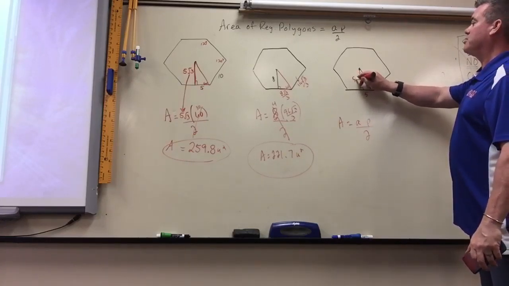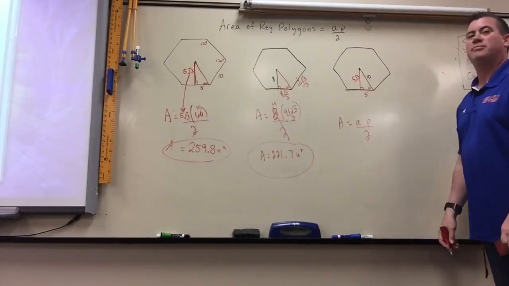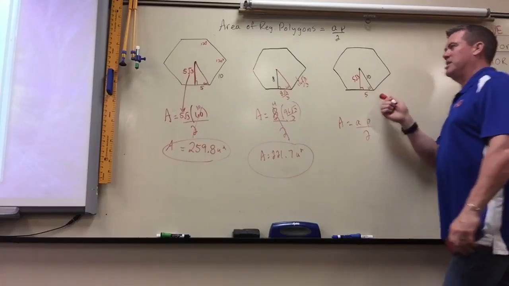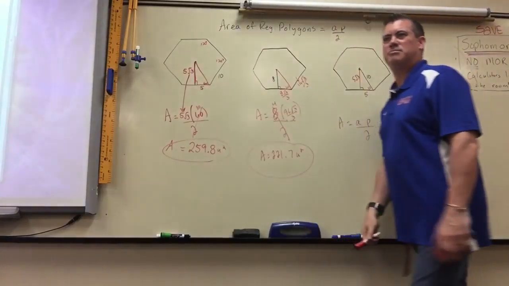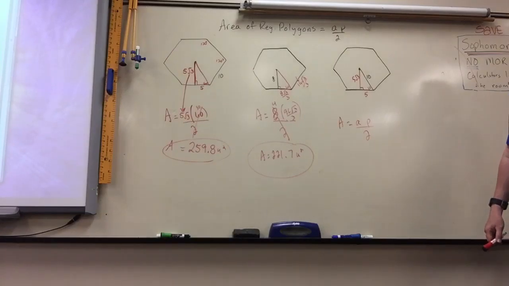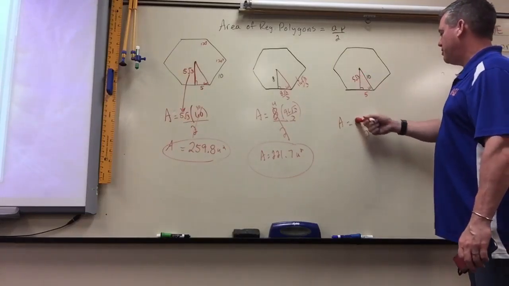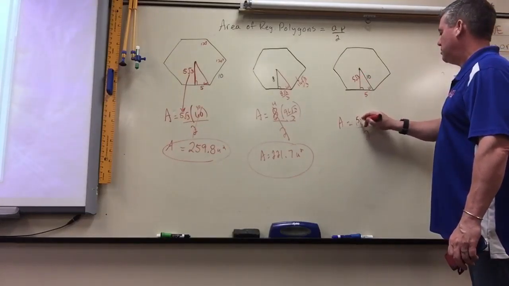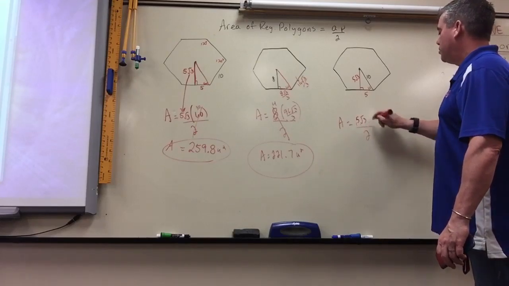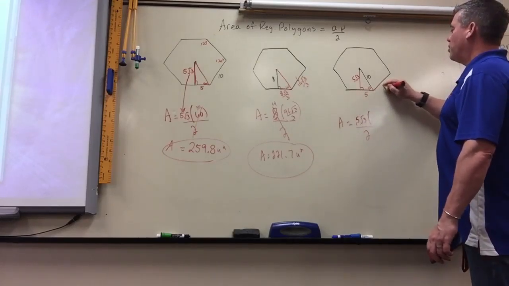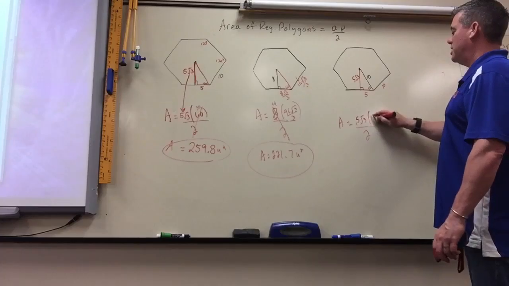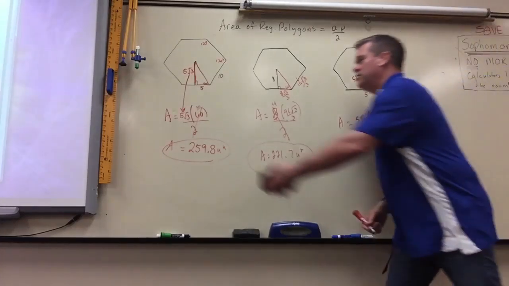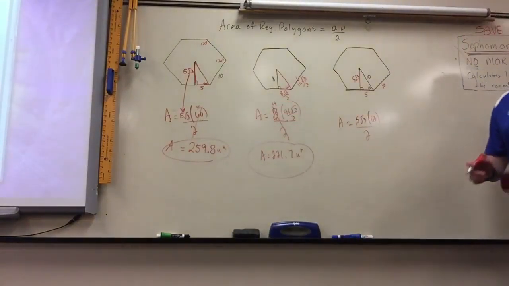And this is 5 square root of 3. So it's exactly the same thing as this one. So the apothem is 5 square root of 3. The perimeter, since that's 5, the whole side is 10, which makes it 60 all around. So you end up getting the same answer as that one.